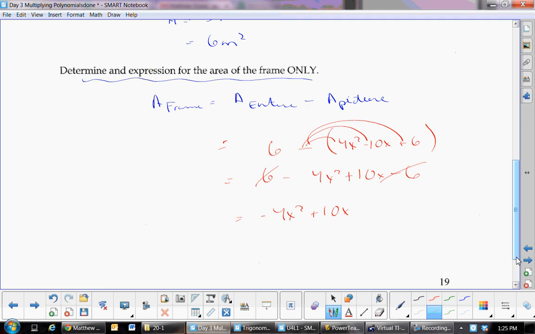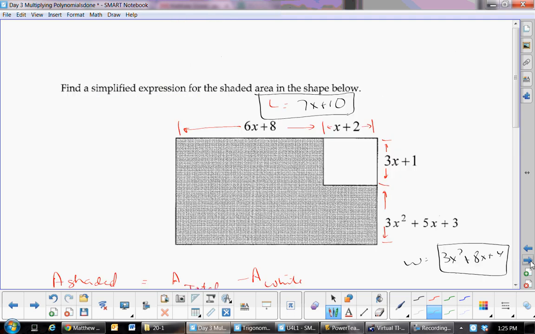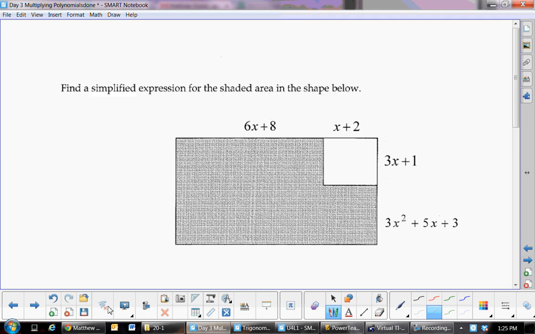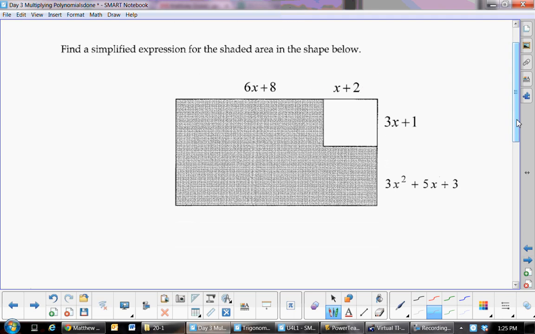Okay. One more. Now, we're not going to go through all of this to get the final answer, but I just want to know how we would do it. It says, find the shaded area. Well, you guys have done these a lot, but not with expressions.